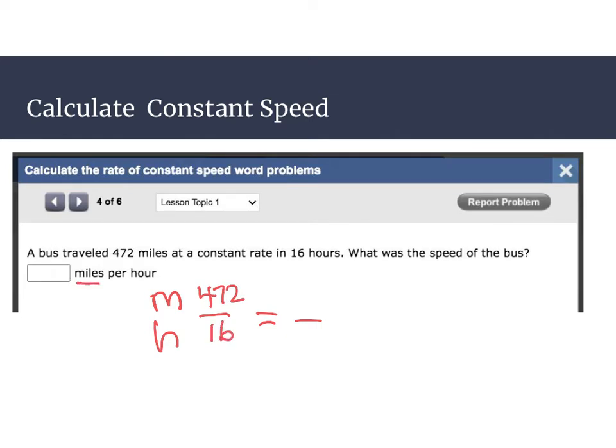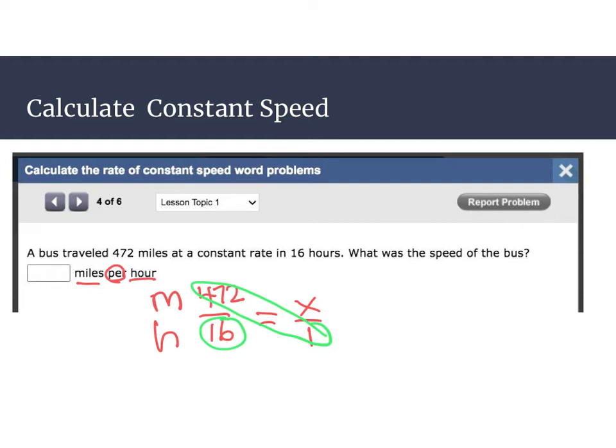And if we look at the answer, it's asking us miles per hour. So over here, per hour means per 1 hour. And we don't know how many miles it goes in 1 hour. When I do this, I'm simply going to cross multiply and divide. And of course, we can also just look at this as unit rate. And when I say unit rate, you say divide.